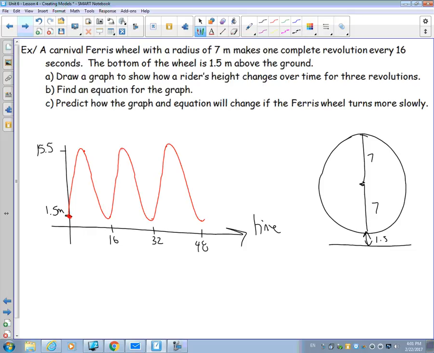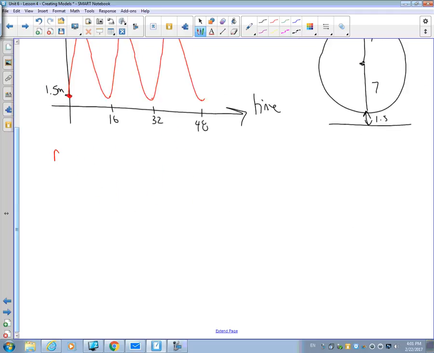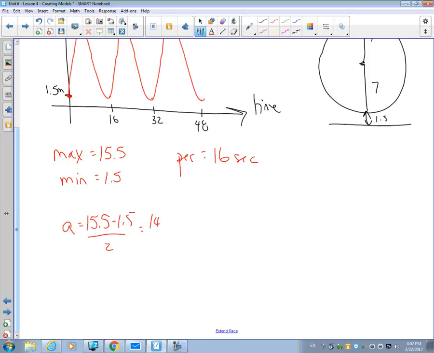Okay, find an equation for this graph. Well, what do we know? Well, we know our max, 15.5. We know our min, 1.5. We know the period, 16 seconds. Okay, we can find everything now, right? A, max minus min divided by 2, comes out to 7, which we already should have known because we said that the radius is our amplitude, and amplitude is a radius for a periodic function.